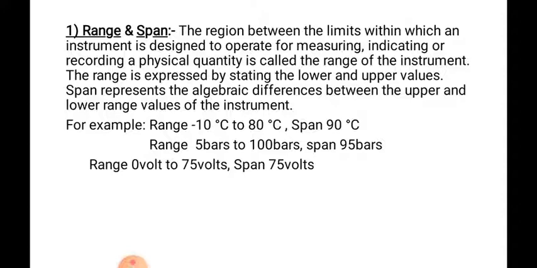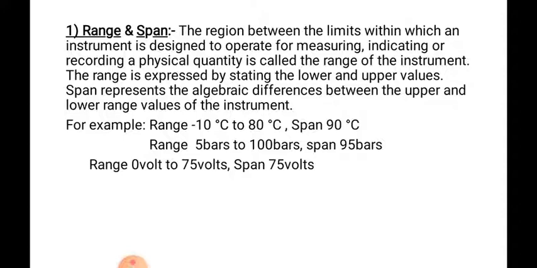Now we are interested in finding the span. Span is the algebraic difference between the upper and lower values of the instrument. For temperature measurement, the upper value is 80 degrees Celsius and the lower is minus 10 degrees Celsius, so the algebraic difference is 80 minus (minus 10), and the span will be 90 degrees Celsius.